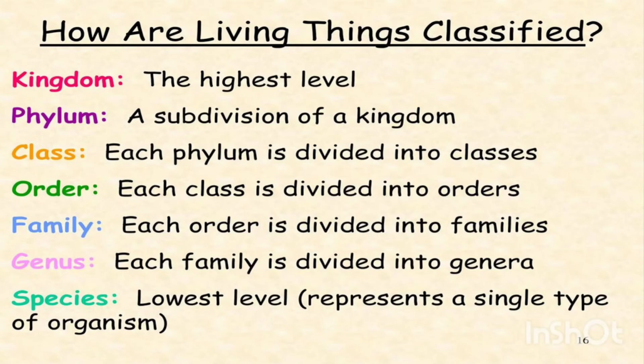Kingdom is the highest level. Phylum is a subdivision of a kingdom. Class: each phylum is divided into classes. Each class is divided into orders. Each order is divided into families. Each family is divided into genera. While the species is the lowest level, which represents a single type of organism.